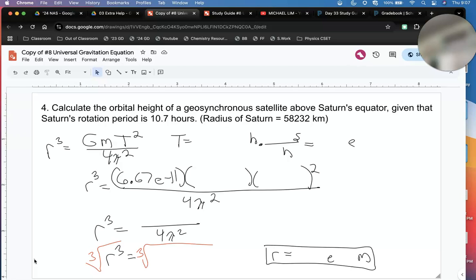How many hours does the Saturn satellite take to go around once? All right, so everyone write 10.7, and multiply that by 3,600. Tell me what you get.